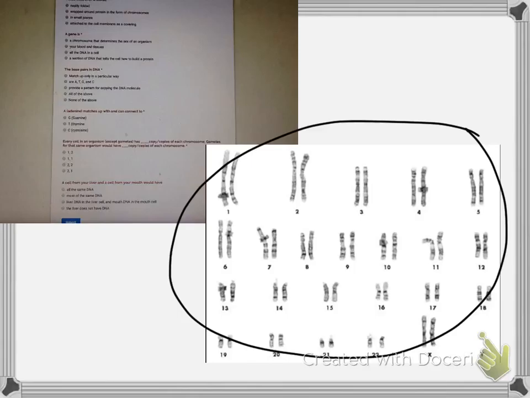So if somebody commits a crime, if we can find a piece of their skin flaked off, a piece of hair, a drop of blood, any bit of them, we can identify them because every cell in your body has all the same DNA. Now, every cell in your body and every cell in my body have different DNA.